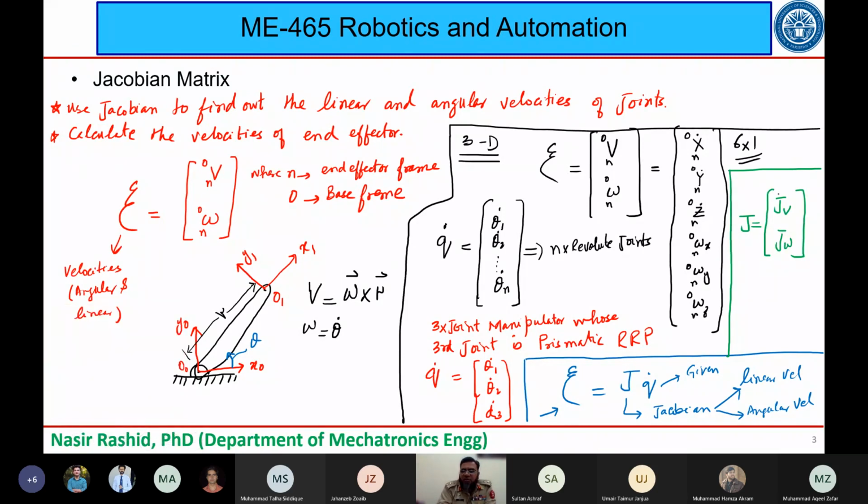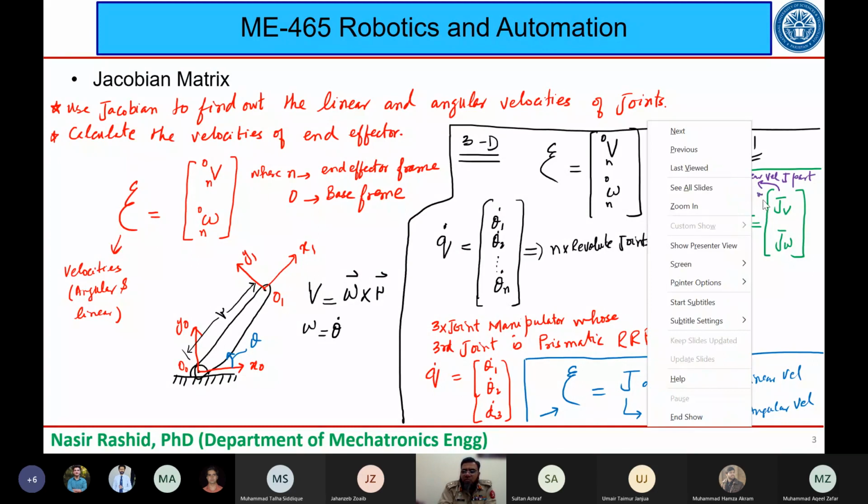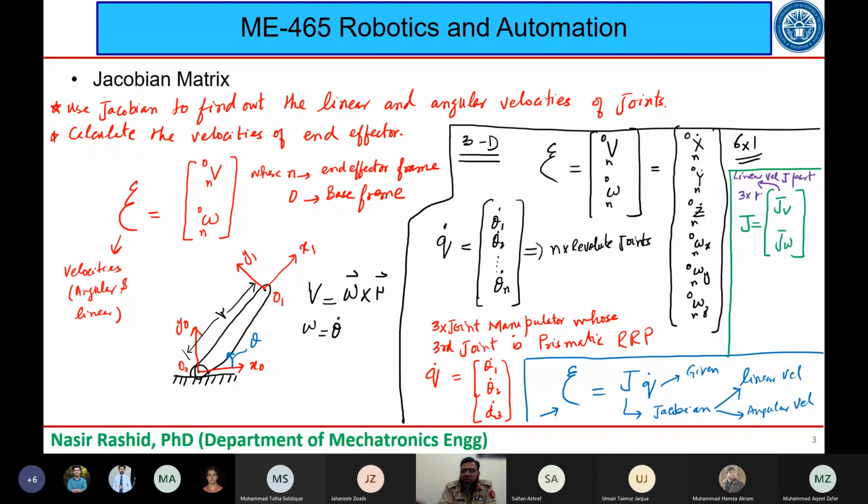So this is the linear velocity Jacobian part, and this will have three rows, sorry, this will have 3 rows because 3 dimension की हम बात कर रहे हैं.